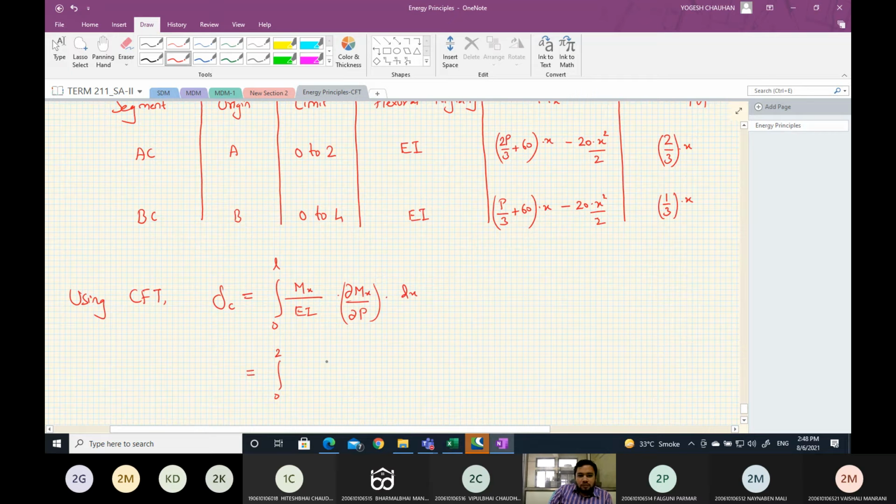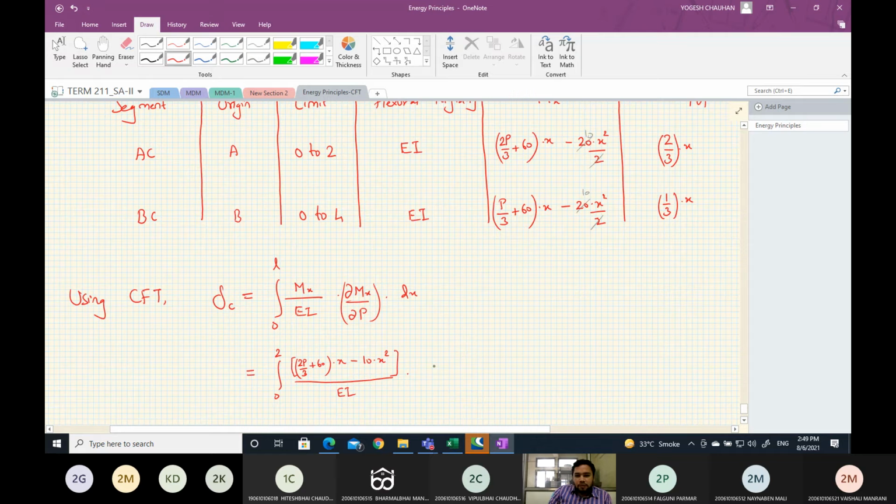Mx is this term, that is 2P by 3 plus 60 into x minus, we can cancel this 2 and 20, similarly 2 and 20, minus 10x square, by EI.